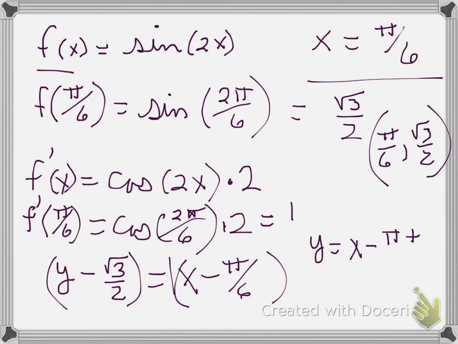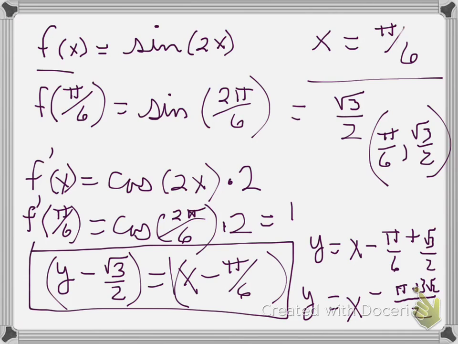Pi over 6 plus the square root of 3 over 2. But, in all honesty, if you can get it like that, that's where I would write it, that's where I would leave it. All you can do over here is make mistakes.